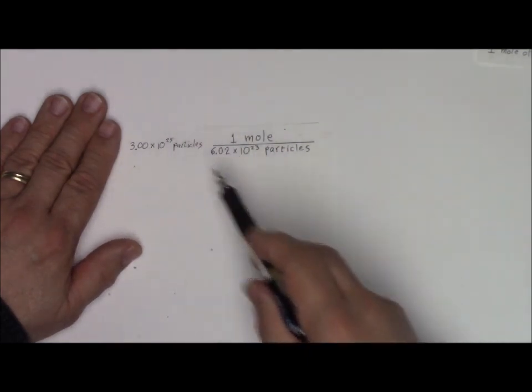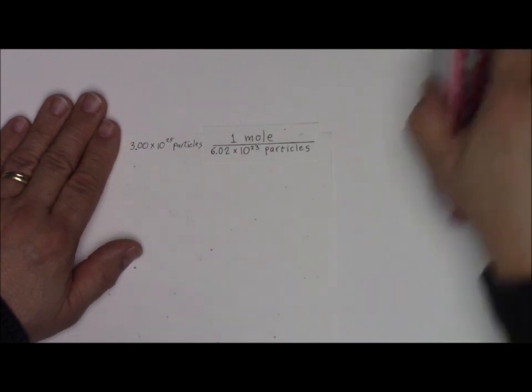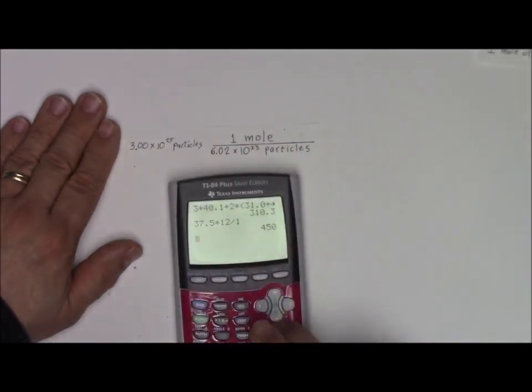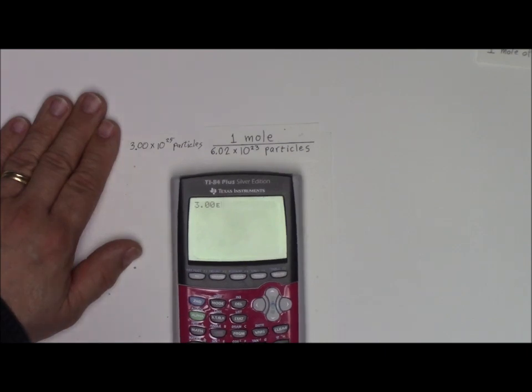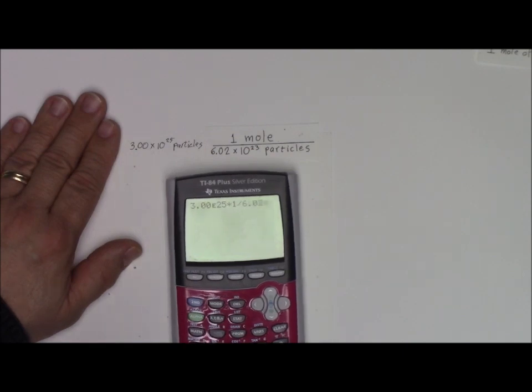So this is the right conversion to do, and let's pull up a calculator. 3.00 second EE 25, and now I have to, let's say, times 1 divided by 6.02 second EE 23.